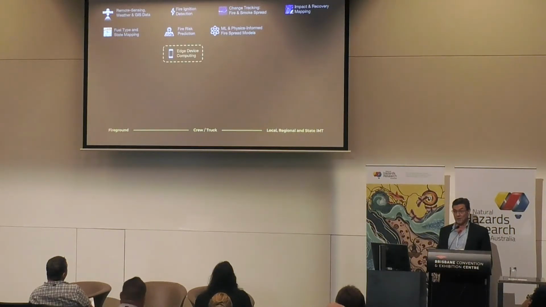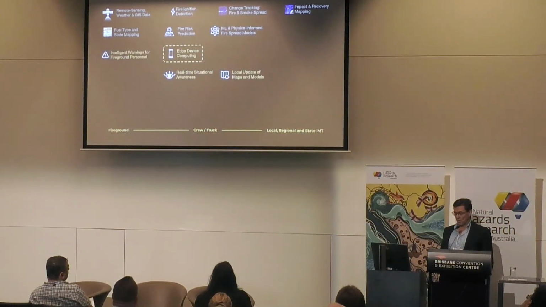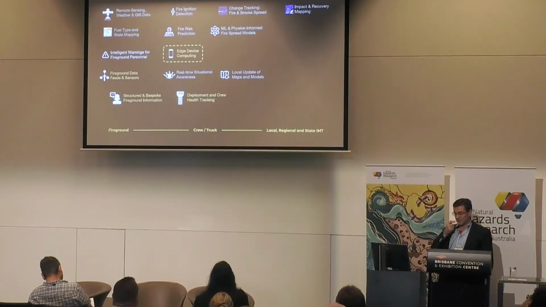We've got edge computing devices that we're now installing with the assistance of Amazon. And then we've got intelligent warning, real-time situational awareness, and this really from the fire ground through to the crews, the trucks, and then to the local regional IMTs. Structured fireground information, development of crew and health tracking, probabilistic fire spreading.